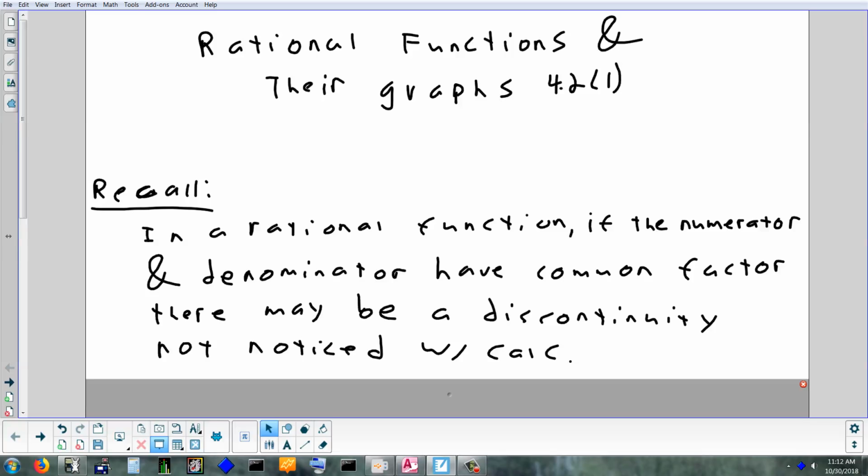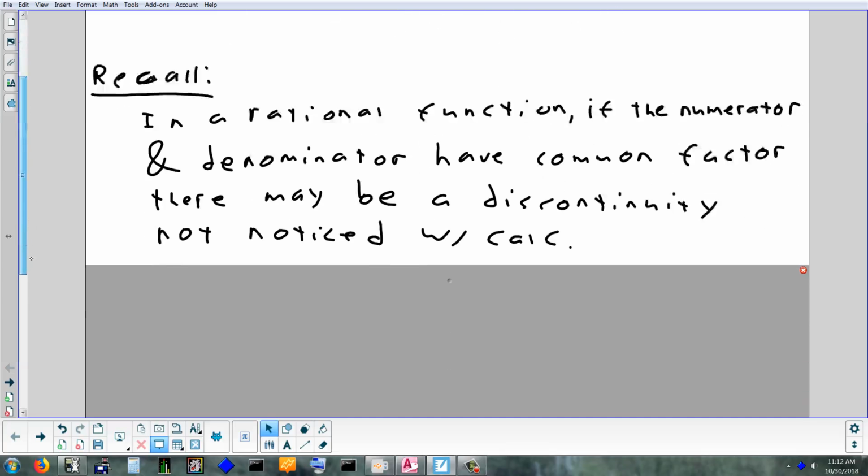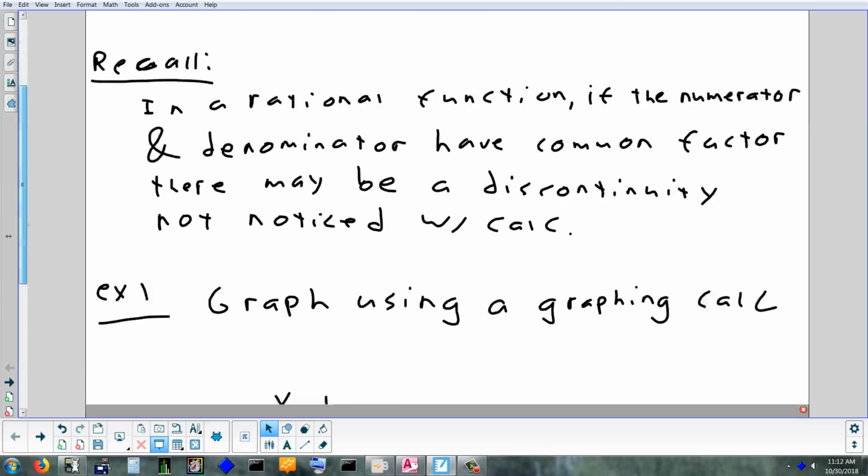And do you remember when we get a hole? If the numerator and denominator have common factors. Yeah, common factors. It's right up there. So if the numerator and denominator have a common factor, that's when you get a hole in the graph. So let's take a look at an example.